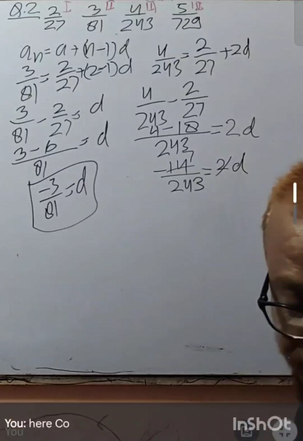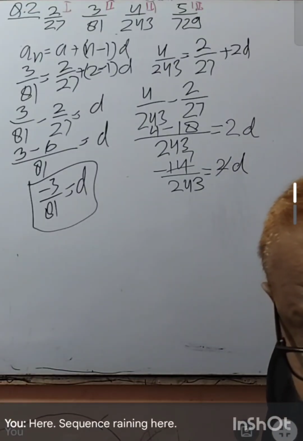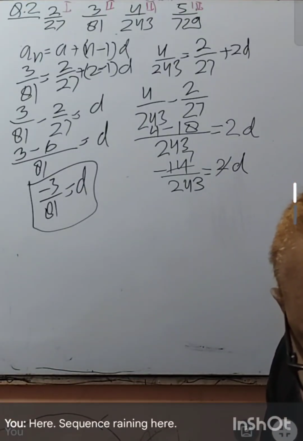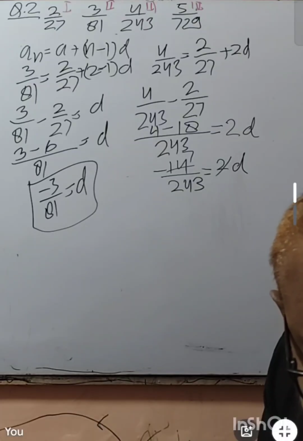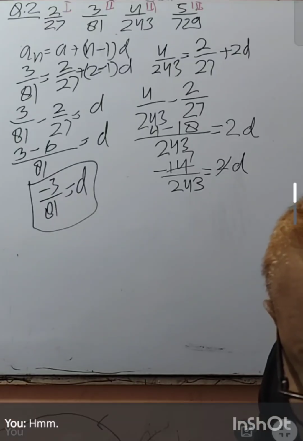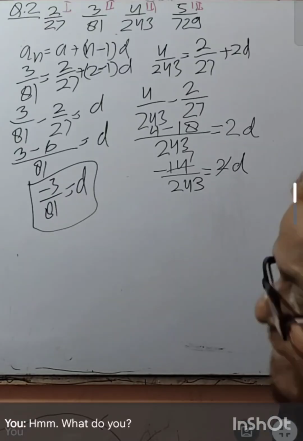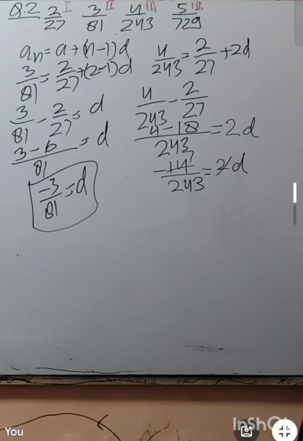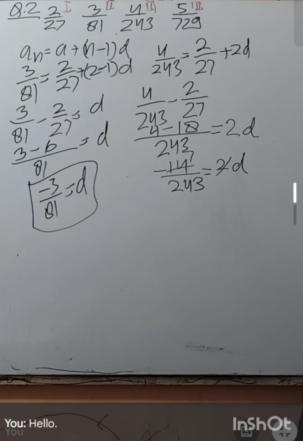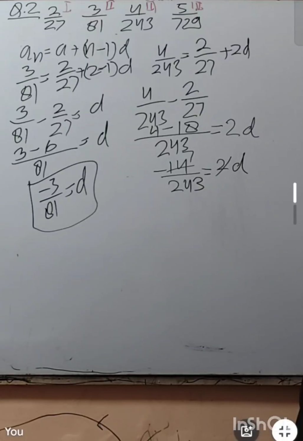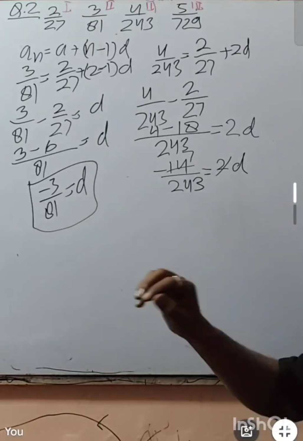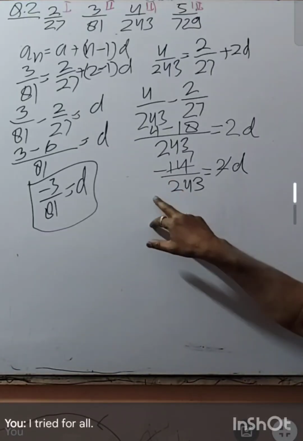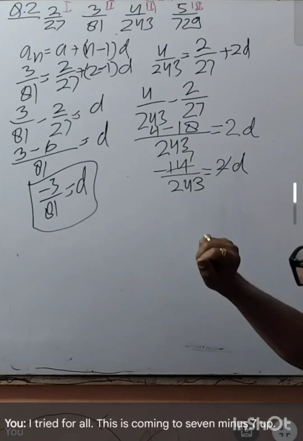Yaar, so this is not in any sequence at all. What do you suggest? I tried for all. This is coming to minus 7 upon 243.